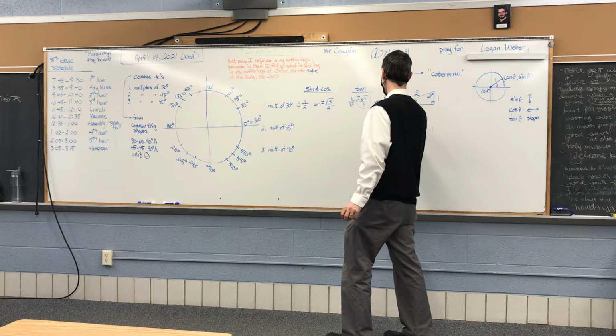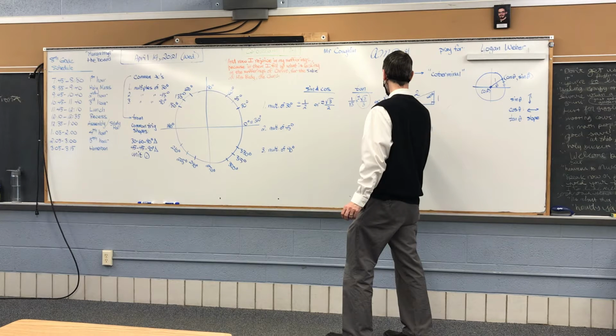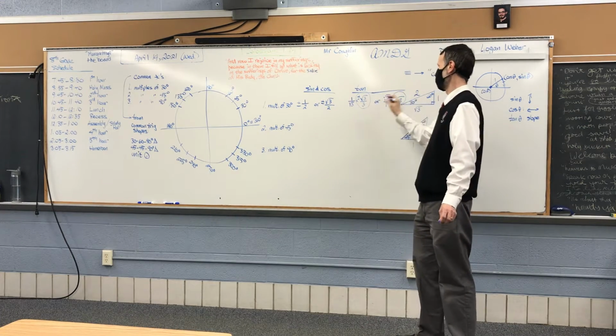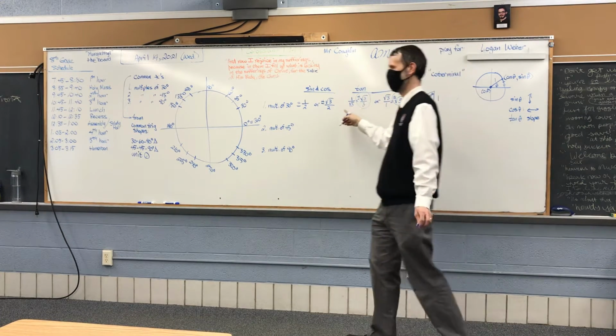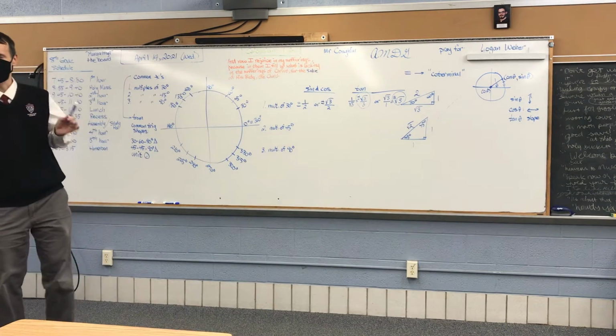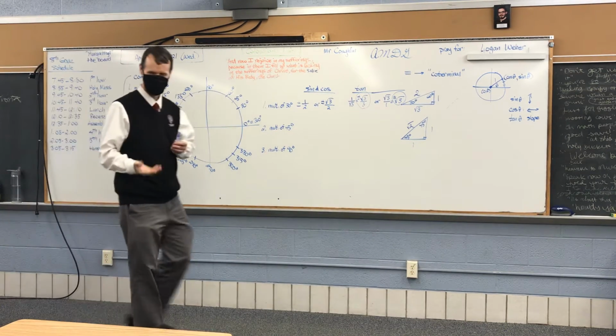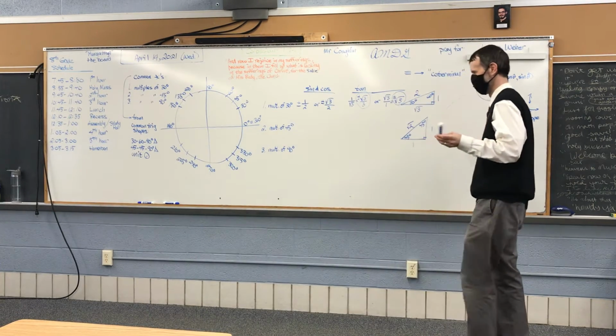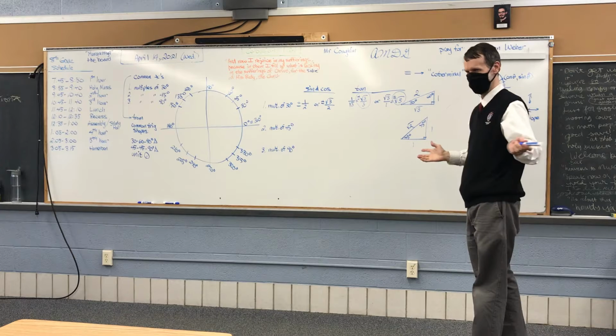So the only two options for tangent for any multiples of 30 are radical 3 over 3 or radical 3. Basically, if you memorize these, all you have to know is which one is bigger and which one is smaller. That will pretty much cure a lot of what we're going to be doing today and tomorrow.